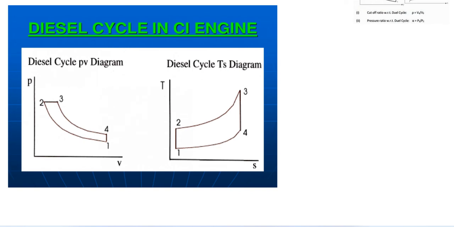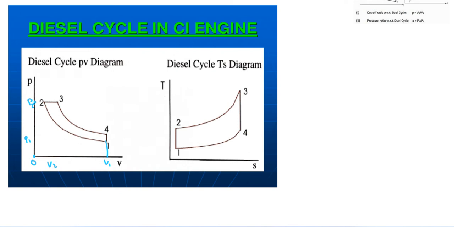Here in the diesel cycle, let us assume a volume V1 at some distance from the origin, and pressure P1. Here we will assume V2 and P2.